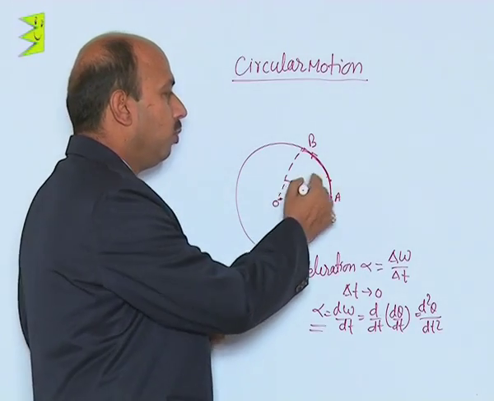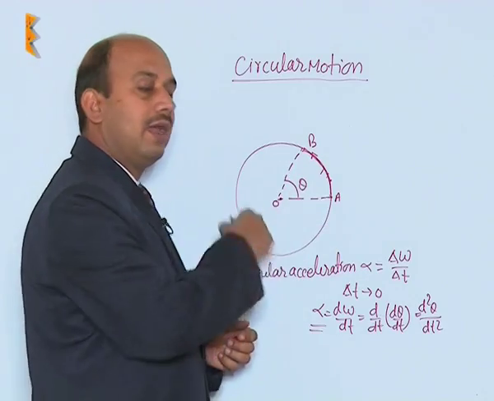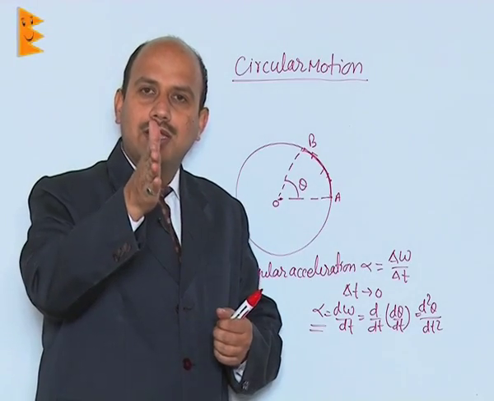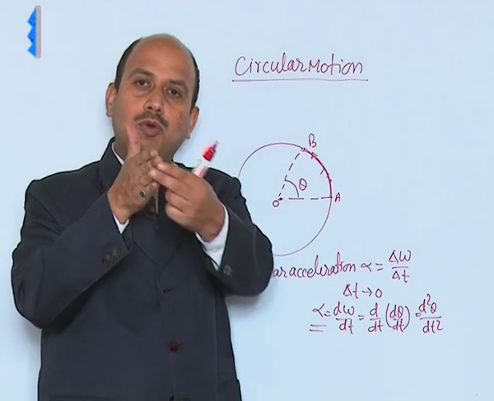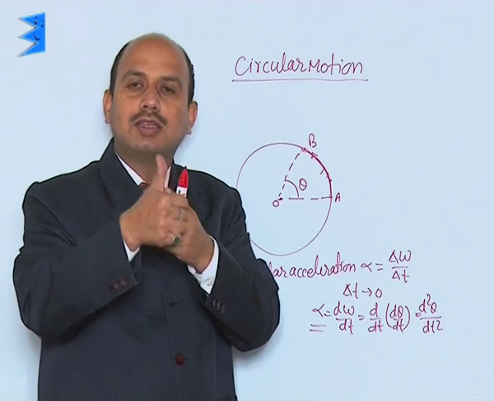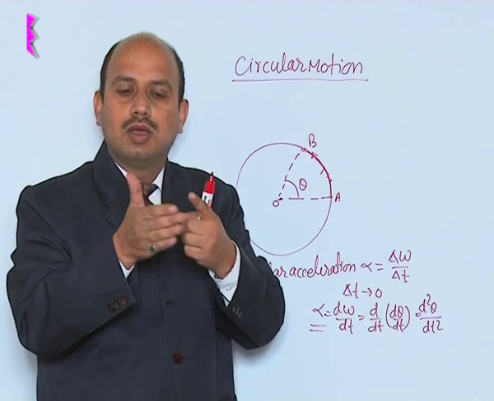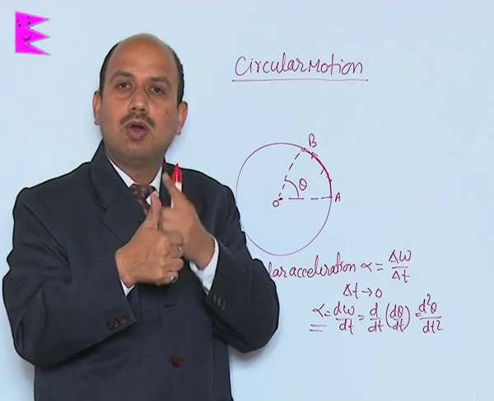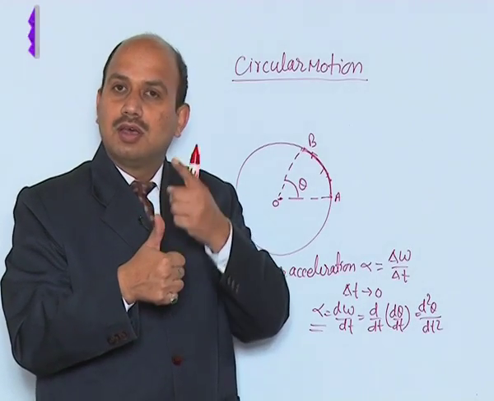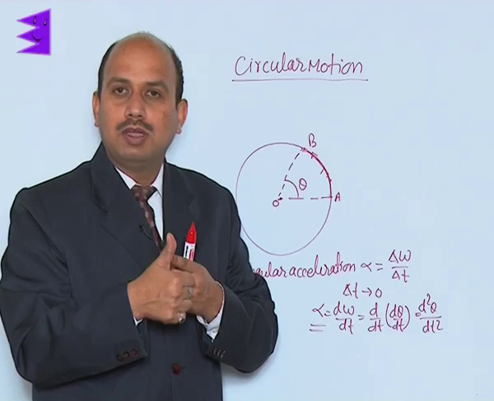Suppose the body is moving in a circular path in the anti-clockwise direction. Just use your right hand and keep it in this way. Turn your fingers in the anti-clockwise direction and the thumb is going up. This thumb points along the axis of the circular path, and this is known as the direction of angular displacement.